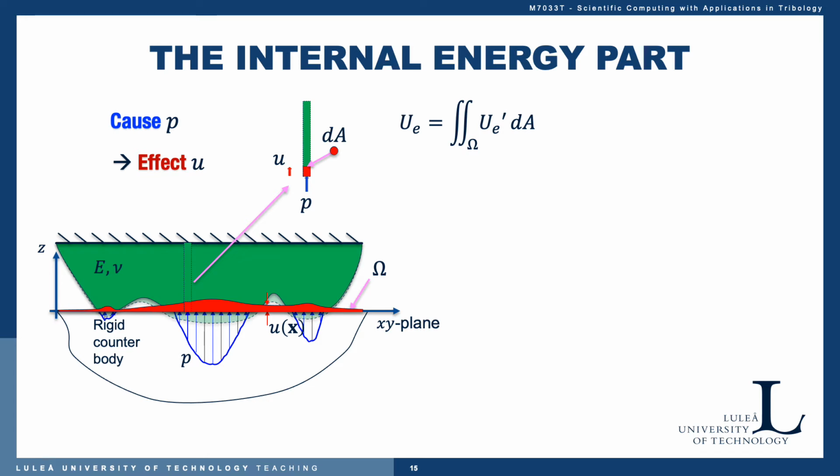And note here that the elastic surface energy has the unit Newton meter over area. And we can therefore obtain the internal elastic energy by integrating over the whole domain omega.